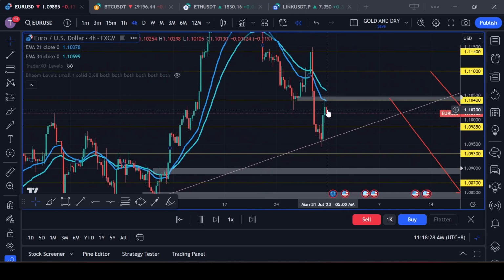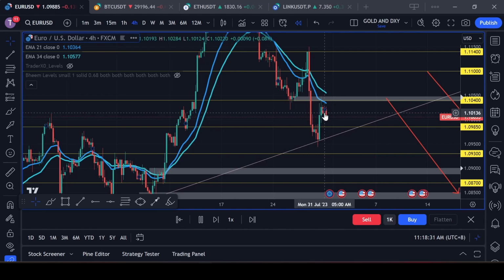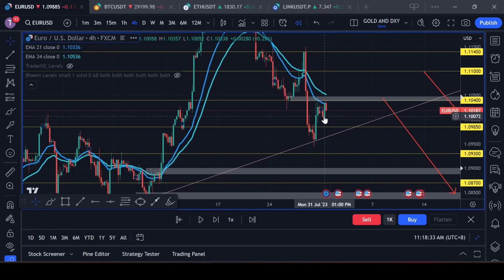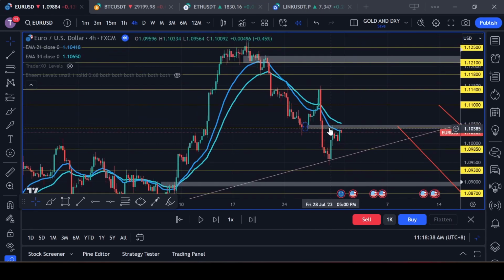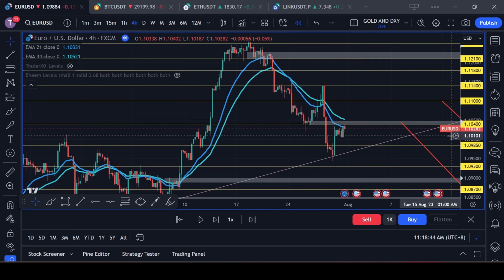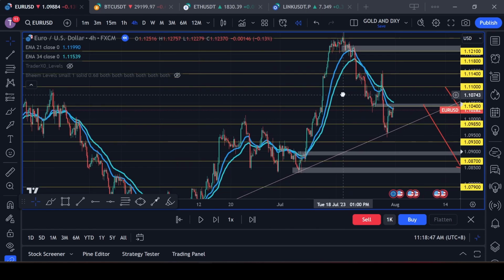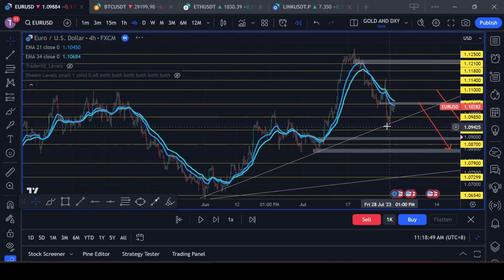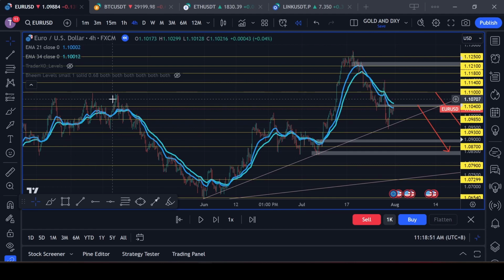So this is somewhat how the Friday ended, and when Monday opened, I decided that this area was a key supply zone and resistance zone. On the higher time frame, you can see price fell all the way back down since the start of June, and then started an uptrend from June, creating a brand new high.